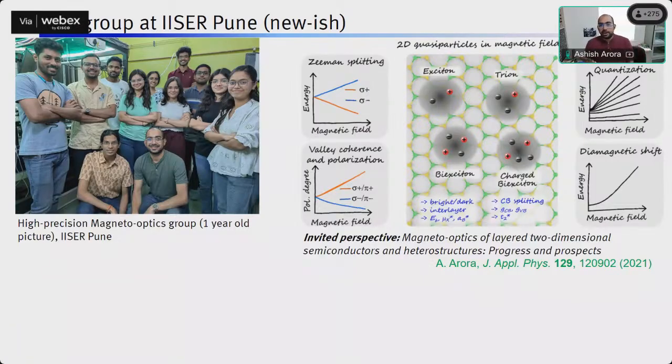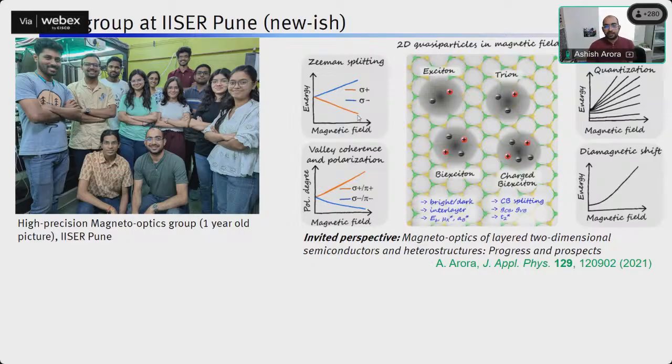These are also called layered materials. So one can remove layer by layer from these materials using some methods which are very popular now, called exfoliation methods. And once you produce these particles in 2D, then we study their physics in 2D by applying magnetic field and light.